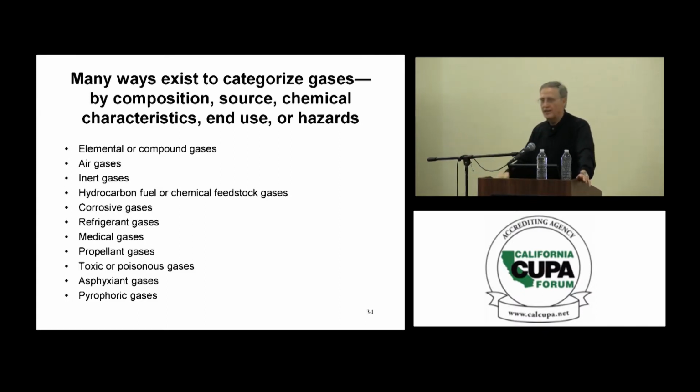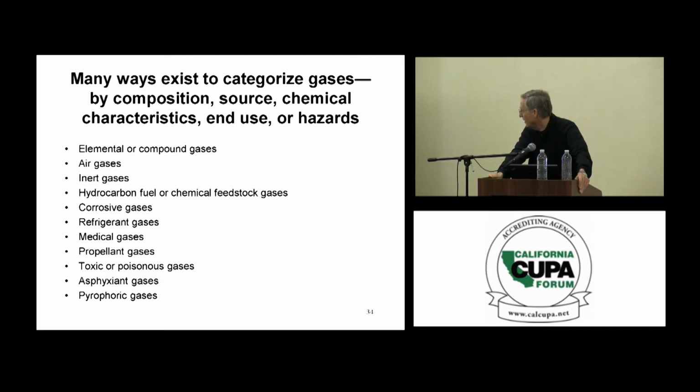Toxic or poisonous gases. And some gases fall into various categories. For example, chlorine's a toxic gas, right? Chlorine could also fall in the category of corrosive gas. It mixes with water, forms a HCl solution.